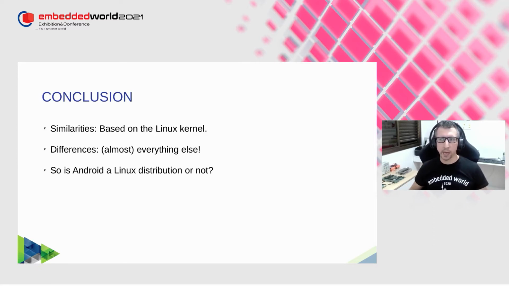And everything else is almost different, right? From the way the source code is organized, from the way it is built, from the organization of the file system, from the way the components of the user space communicate with each other, from the way you write and deploy applications, everything else is different.